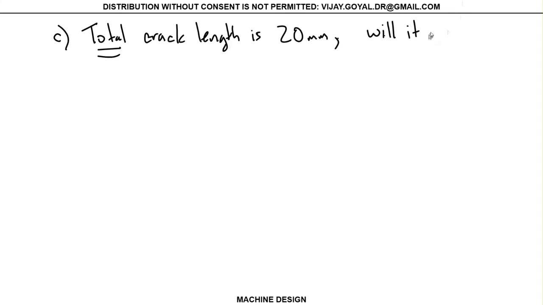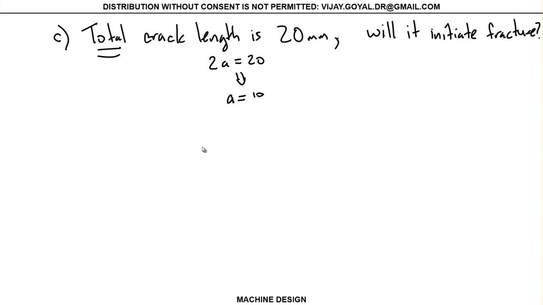Will it initiate fracture? Okay, so we know that we're working with 2 times A is 20, so really A is equal to 10.